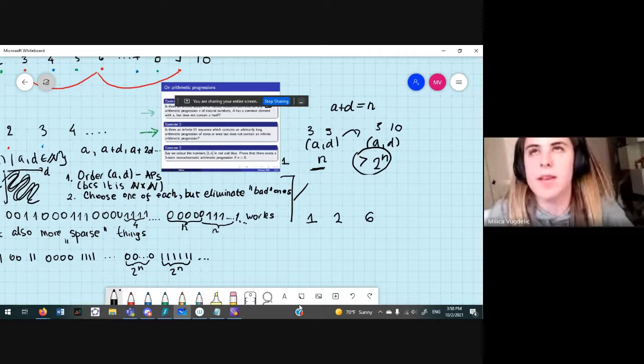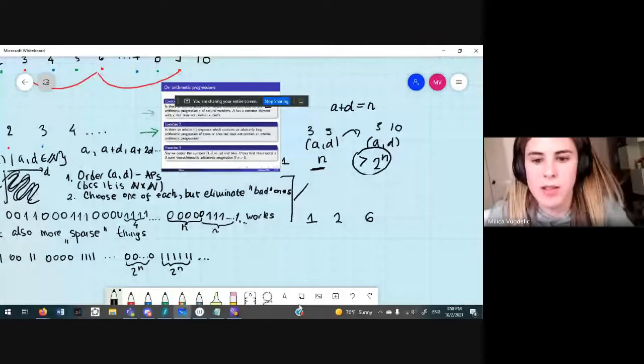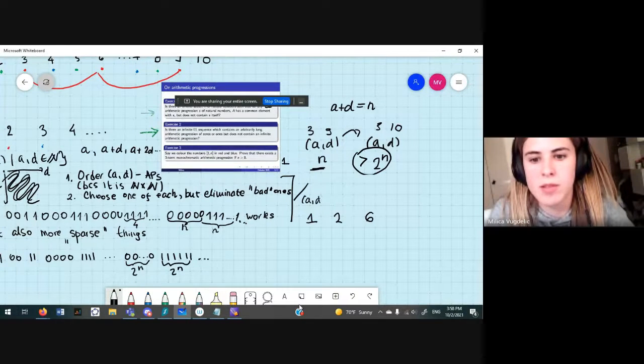So if you were to hypothetically say you've chosen 1, 2, 6, and these were also from some sequences, A1, D1, A2, D2.